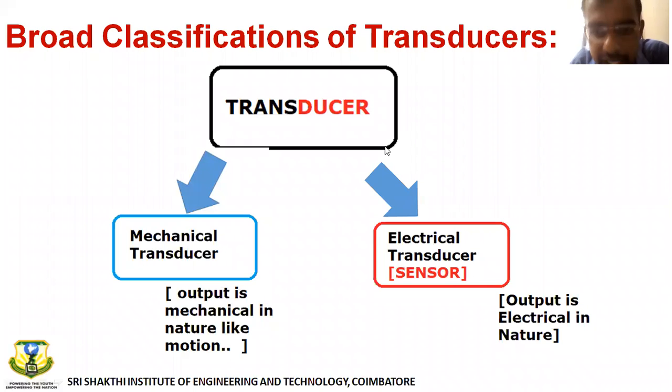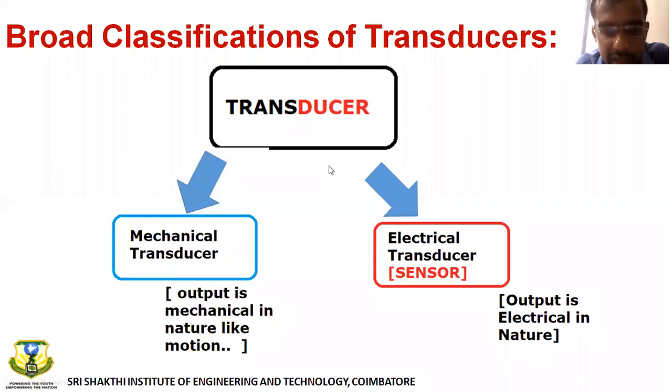Why do we name it a sensor? In electronics engineering, whatever the operation may be, we name it accordingly. These tiny devices, these transducers. Actually, sensors are transducers, but not all transducers are sensors.